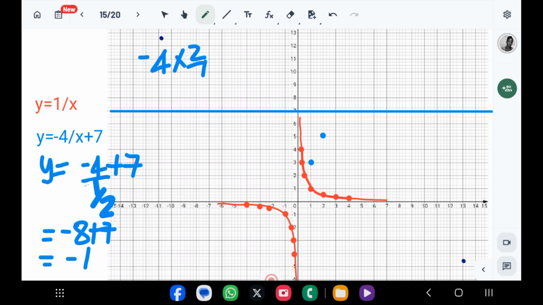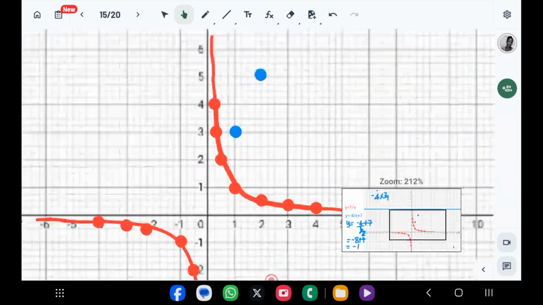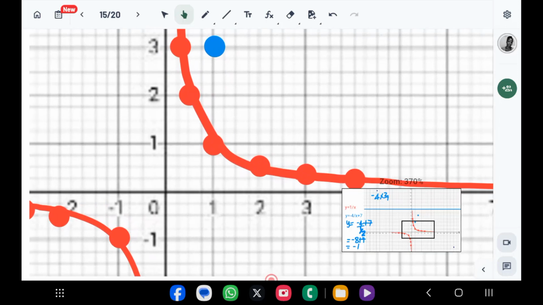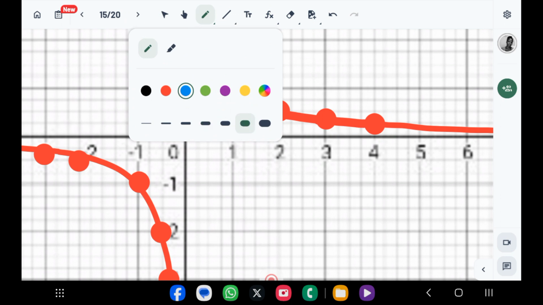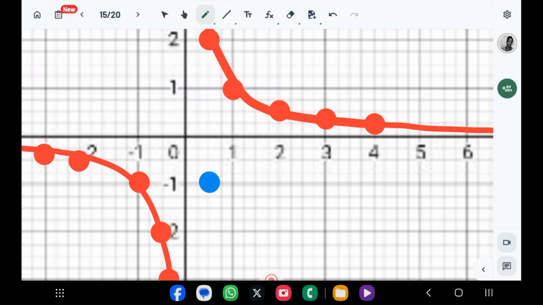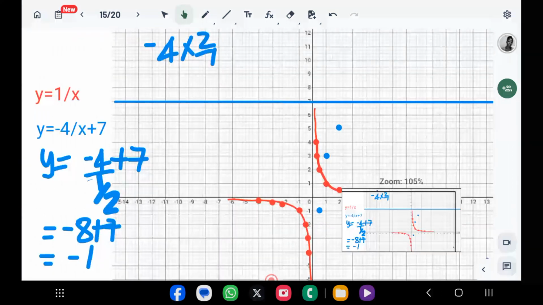When x equals to half, y equals to -1. Let's plot that point. That will be enough on this side. Let's join the points.